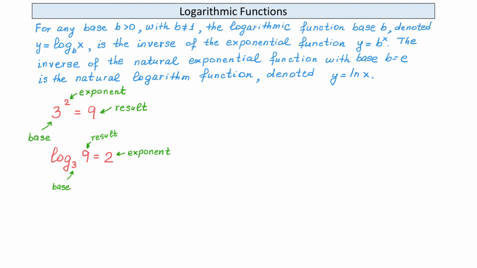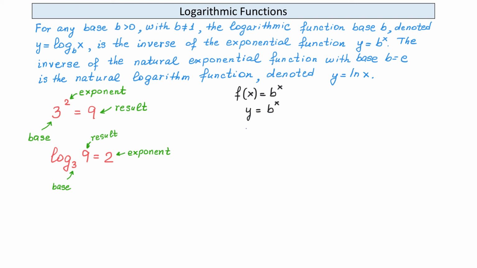The definition above tells us that the logarithmic function is the inverse of the exponential function. So let's say we have the exponential function f of x equals b to the power of x. To get the inverse function, first we will replace f of x with y, and we will have y equals b to x. And now we need to interchange x and y.